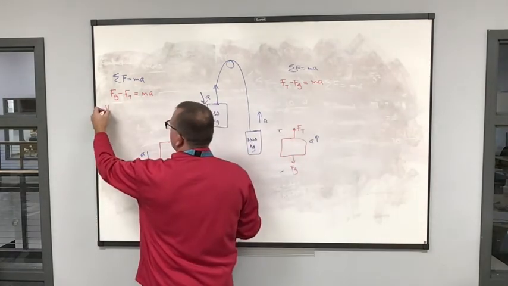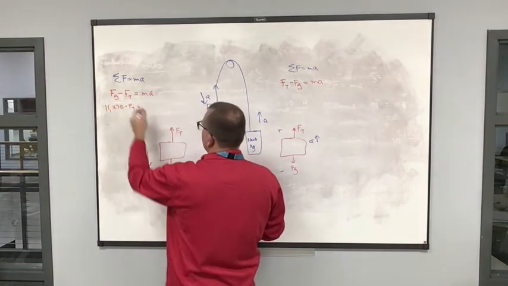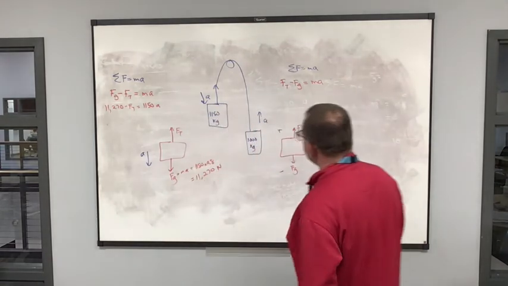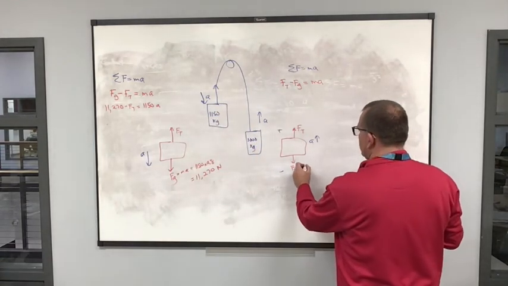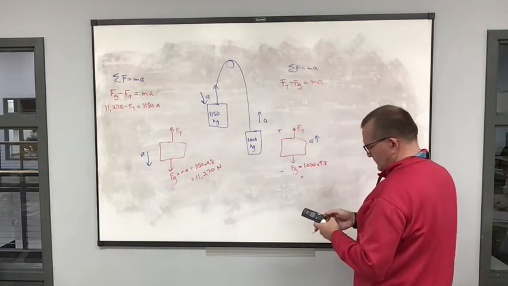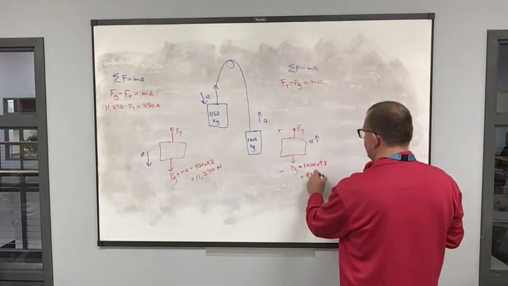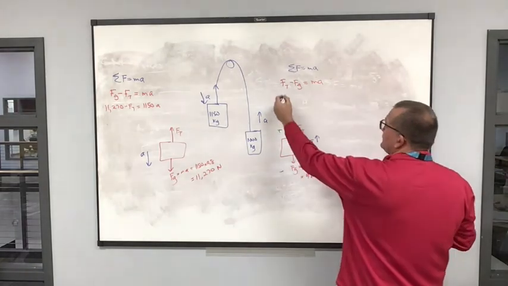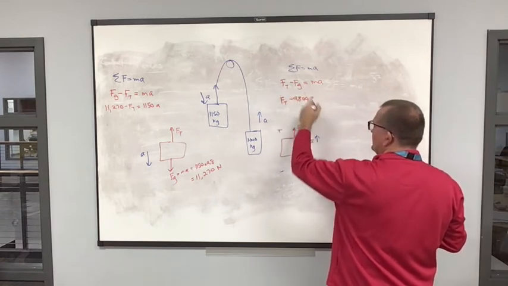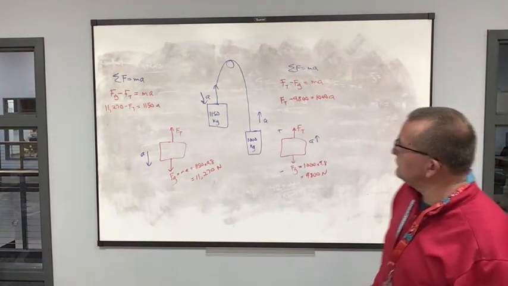So I know 11,270 minus Ft equals 1150 times A. This one, I'm going to take 1,000 times 9.8. I should do this one in my head, right? 9,800. That was silly. Newtons, okay? So Ft minus 9,800 equals 1,000A. So I have two equations.